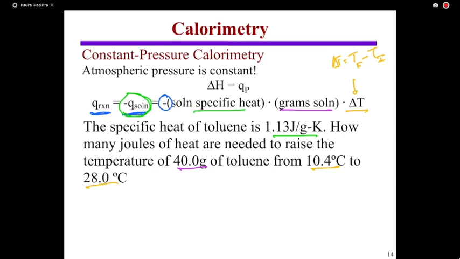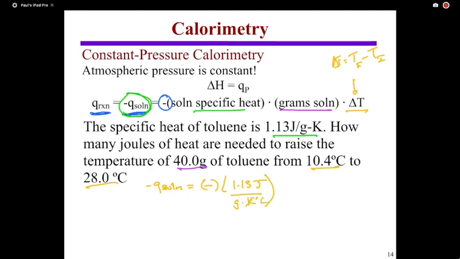Okay, so the negative Q of the solution is equal to a negative sign times the specific heat, 1.13 joules for every change in temperature.